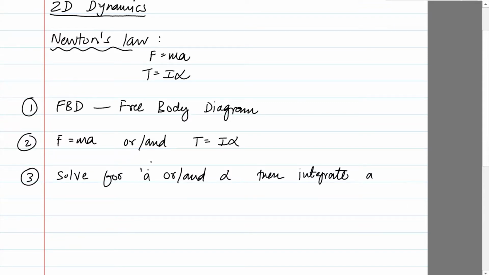By the way, a is acceleration and alpha is angular acceleration.